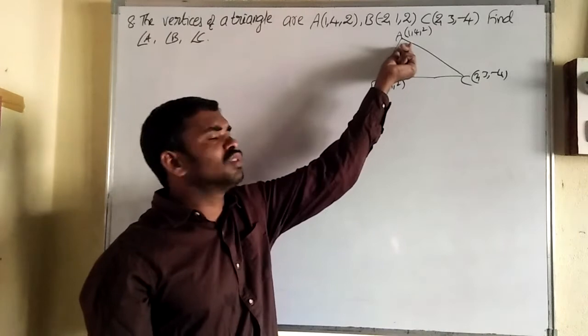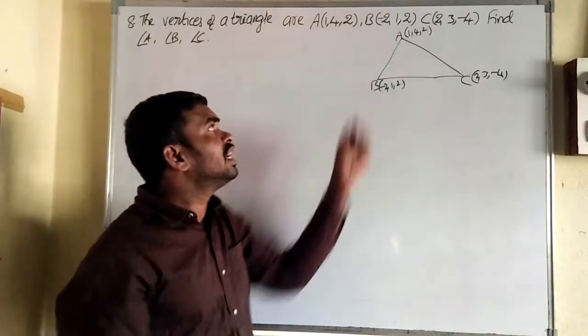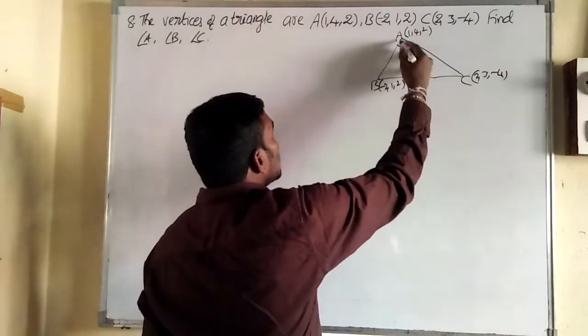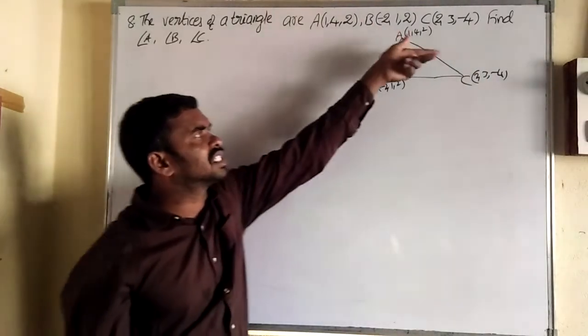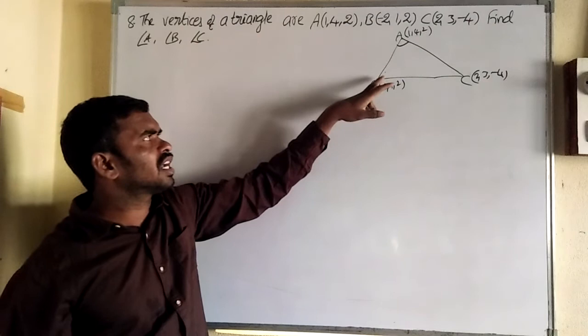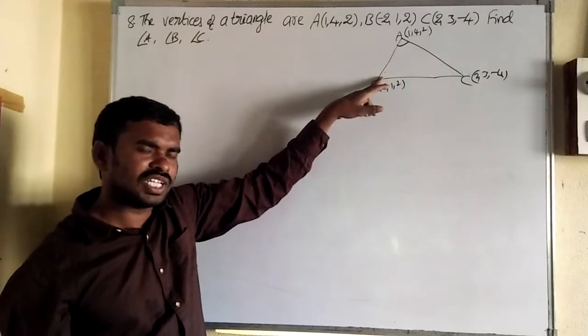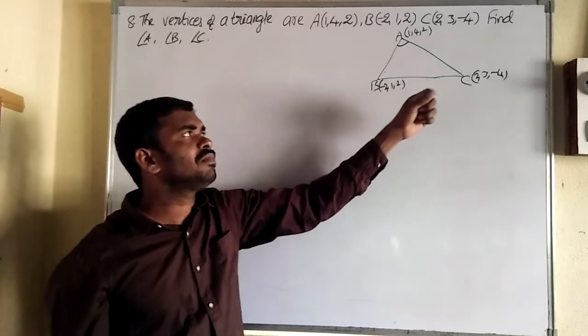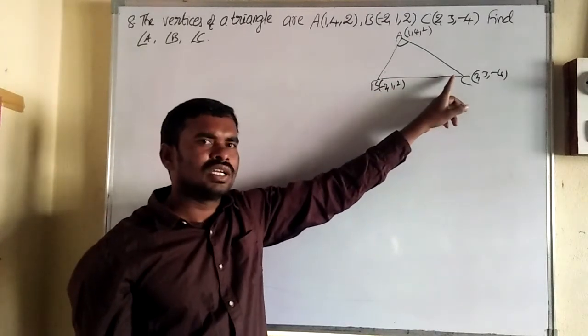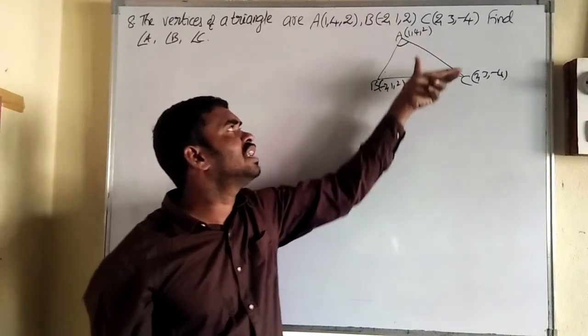Angle A lies between AB and AC. Similarly, angle B lies between AB and BC. What about angle C? Between BC and CA.